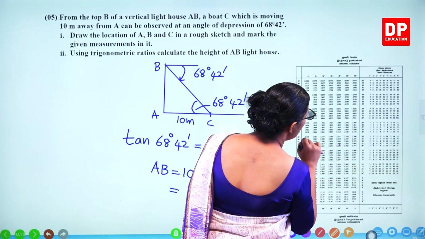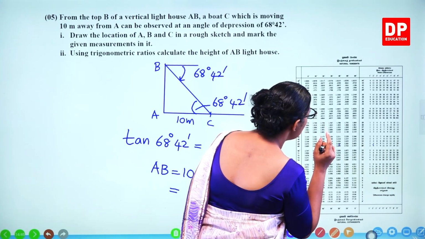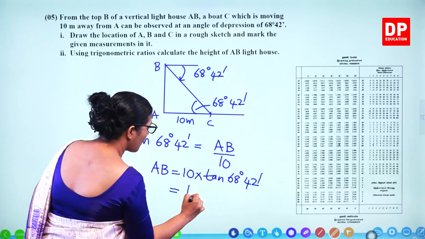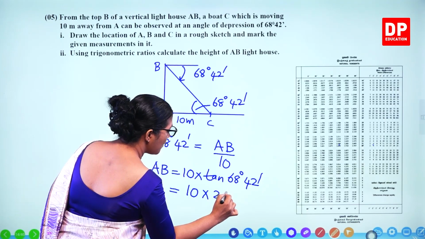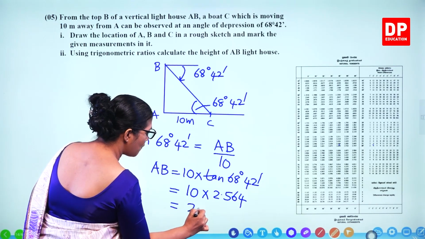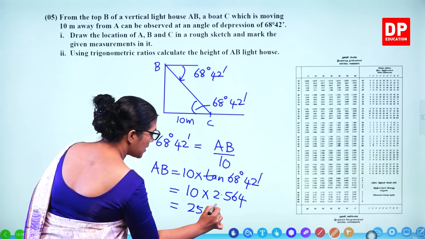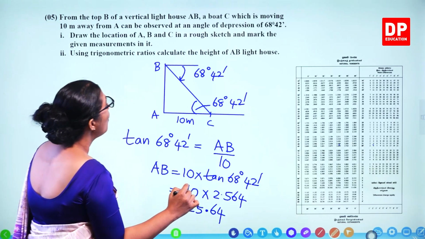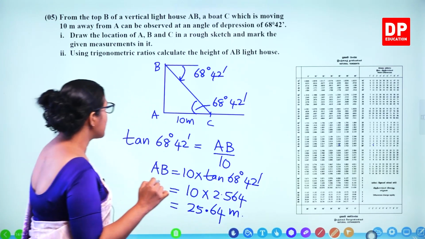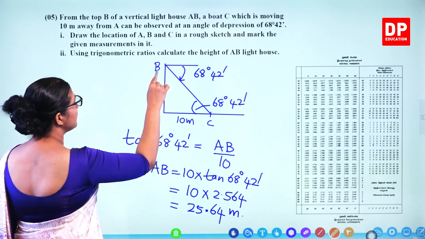Add 4. 2.564. 2.564 multiplied by 10 means 25.64 meters. This is given in meters. So that's the AB height.